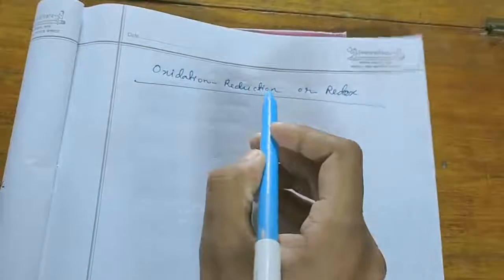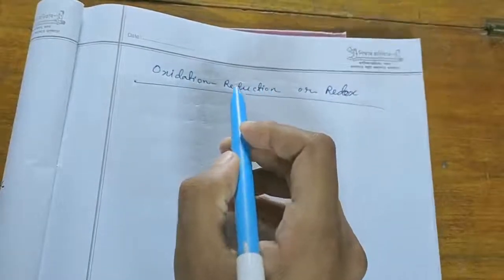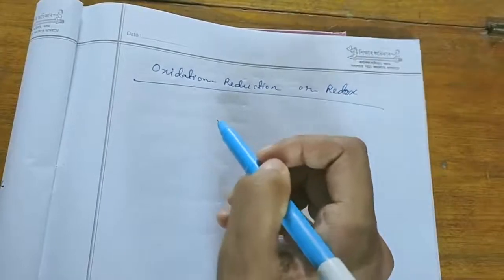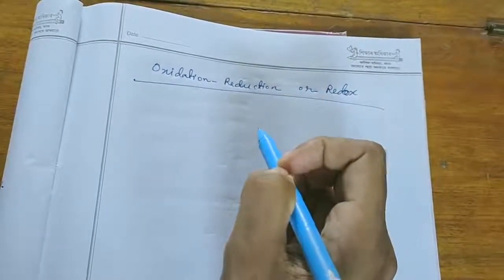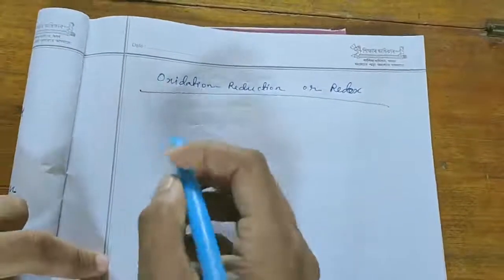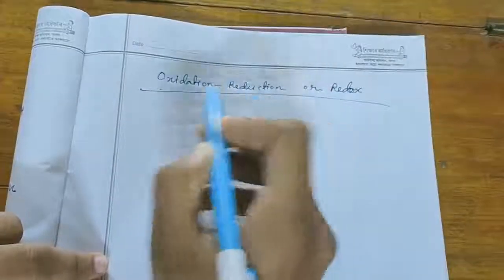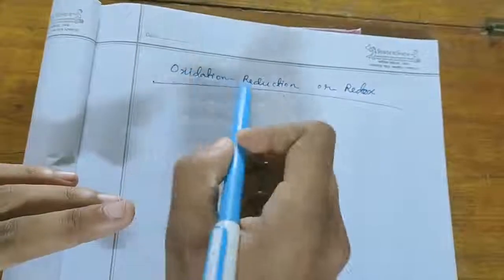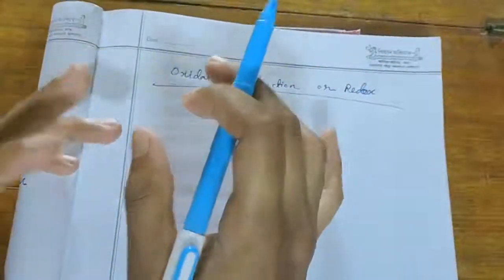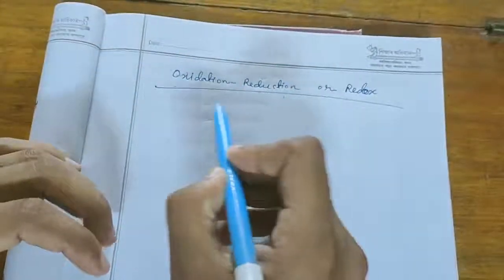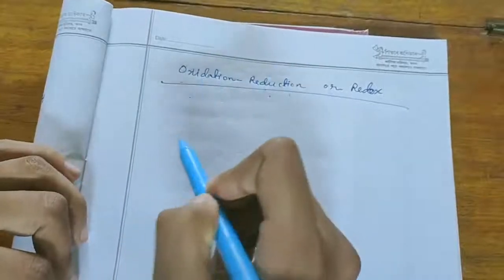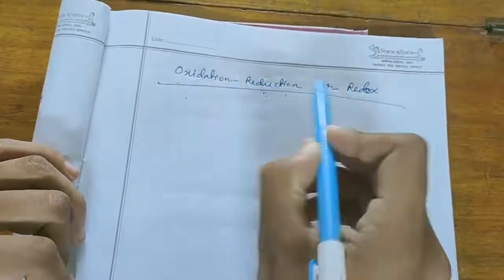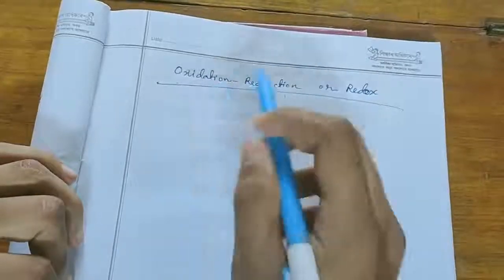Then reduction is the loss of oxygen in a reaction. Now if these two types of reactions happen in a single reaction, then we will call it oxidation reduction reaction, or simply redox reaction.